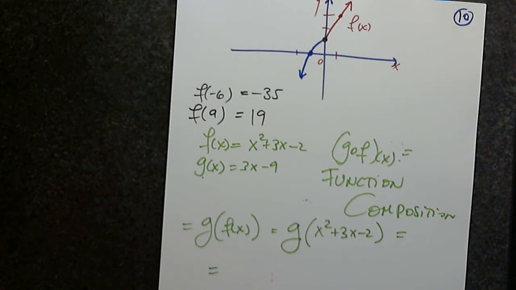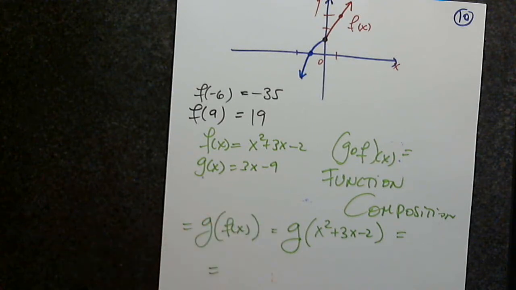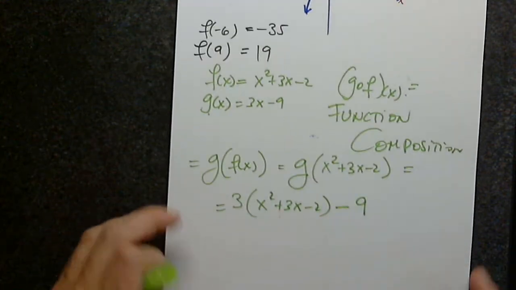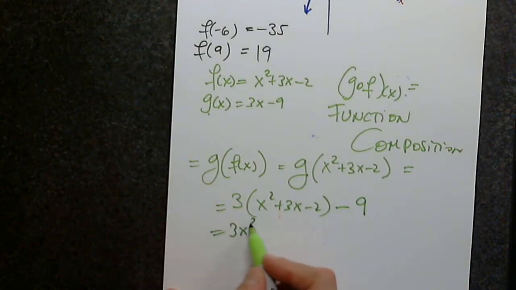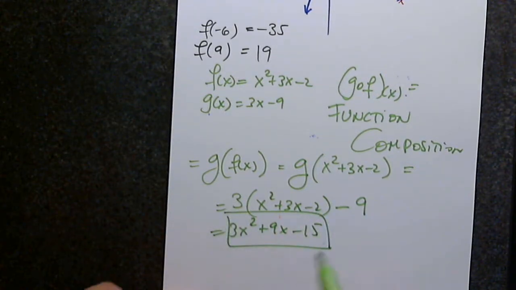So g says 3 times whatever minus 9. Does that make sense? Yes? So let's distribute 3 and then subtract 9. So 3x squared plus 9x minus 6 minus 9, negative 15.